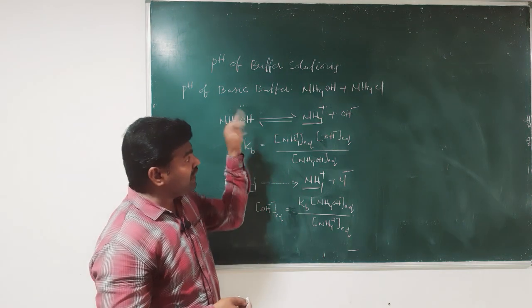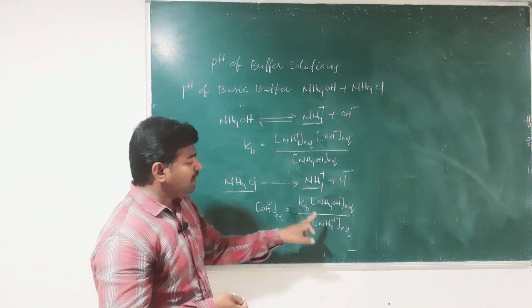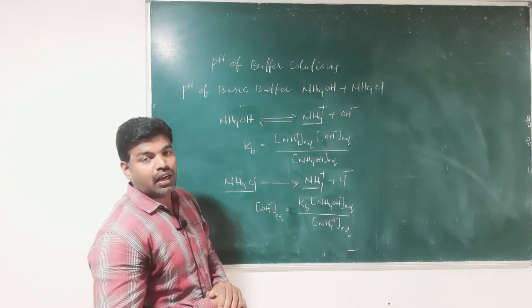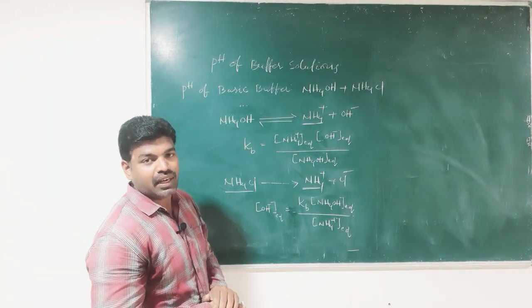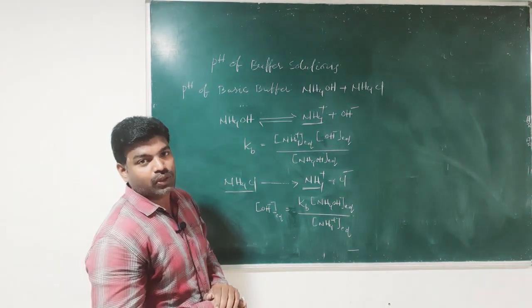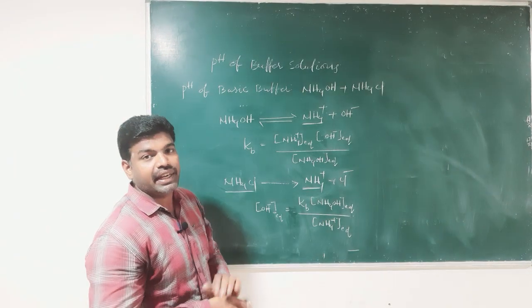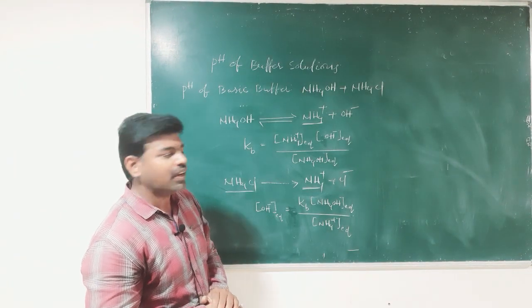Okay, so going to the common ion effect, NH4 plus ions are very high in the mixture, and those NH4 plus ions are from a strong electrolyte. So the concentration of NH4 plus ions at equilibrium, we can take as the initial concentration of salt.